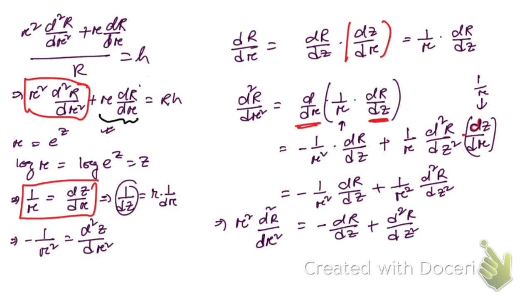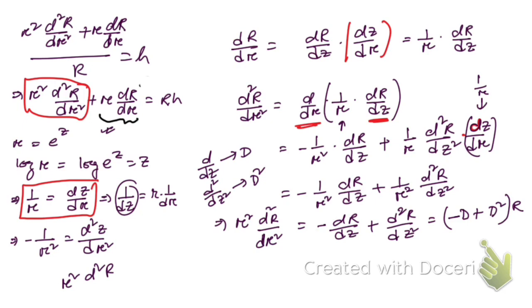So now we're gonna replace d by dz by capital D, and d square by dz square, it's gonna be replaced by D square, and doing so this is gonna be equal to minus D plus D square, and capital R is taken common. That's how we can write, okay? Or we can write r square d square capital R by dr square. We can write the positive term first, then the negative one, then R. We can do this one.